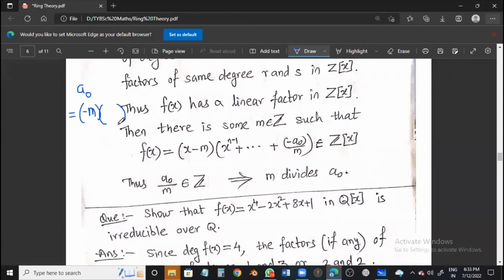Yes, minus 1 by m. Yes, of course, if I want plus, I have to multiply by minus. That is okay. And I want the answer to be a naught. m should be cancelled. So it will be a naught upon m. I suppose you got me. m is cancelled, minus into minus became plus. I got a naught back. That is why here I am getting minus a naught by m. Followed me?